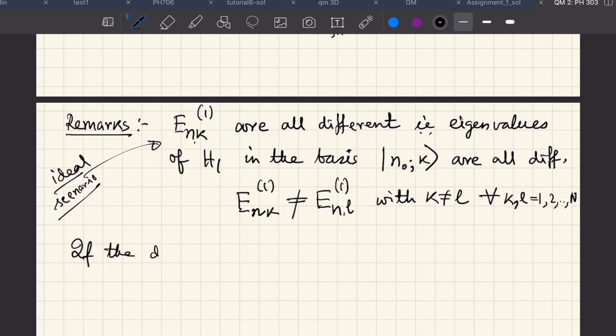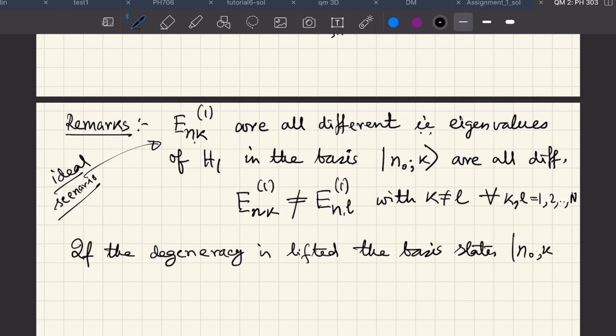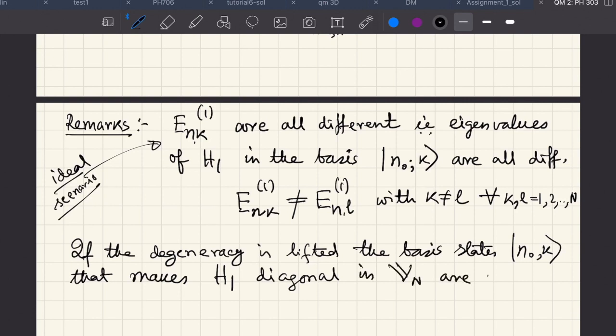If the degeneracy is lifted, the basis states |n0,K⟩ that make H1 diagonal in the degenerate subspace are or will be called good basis.